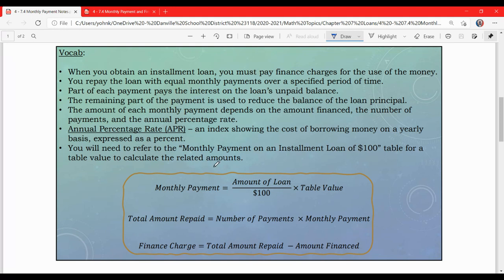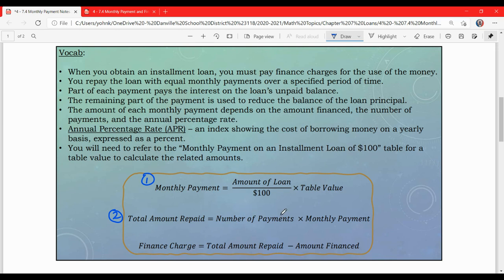So there are 3 steps to finding the amount that you pay in interest. The first is to find the monthly payment. To do that, you take how much you're borrowing, divide by 100, and then multiply by whatever value you find from the table. Step number 2 is to find the total amount that you're repaying.